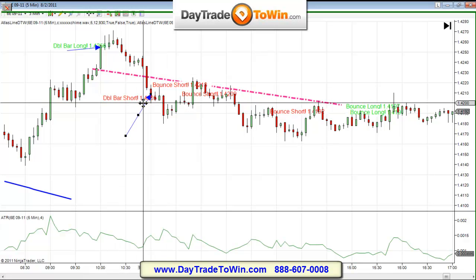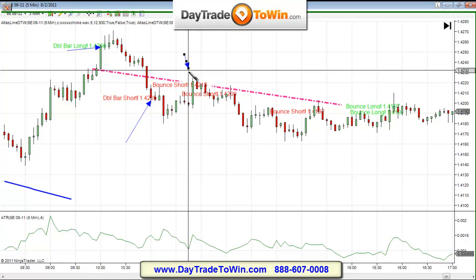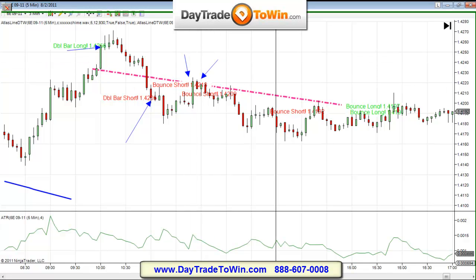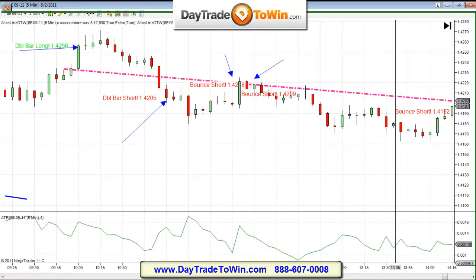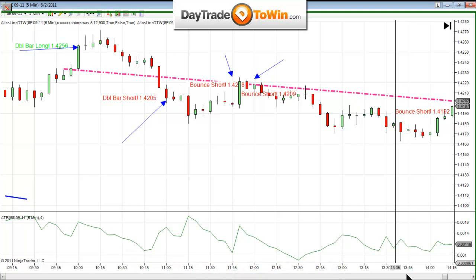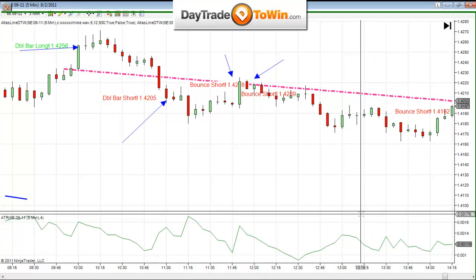To go short, bounce. To go short, bounce. To go short, bounce. You see that, Francisco? There you go. It is an indicator, but it's based solely on price. There's nothing attached to it.